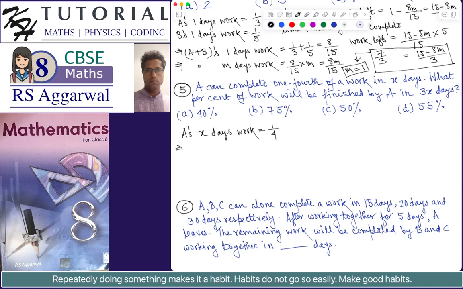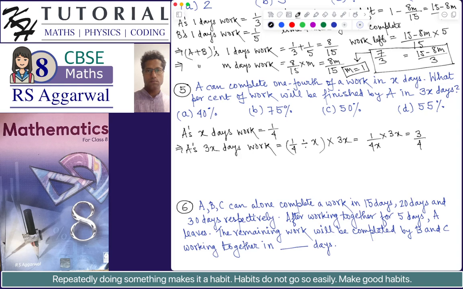So this implies that, using the unitary method, A's 3x days work will be equal to 1 by 4 divided by x multiplied by 3x, which is equal to 1 by 4x multiplied by 3x, which is equal to 3 by 4. So 3 by 4 is the amount of work done by A in 3x days.